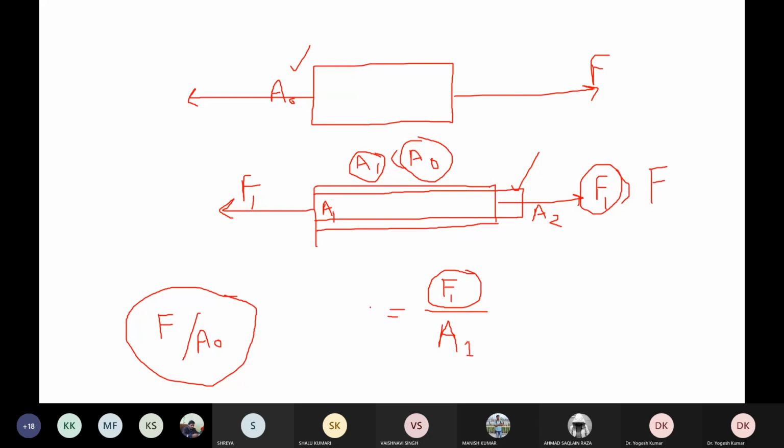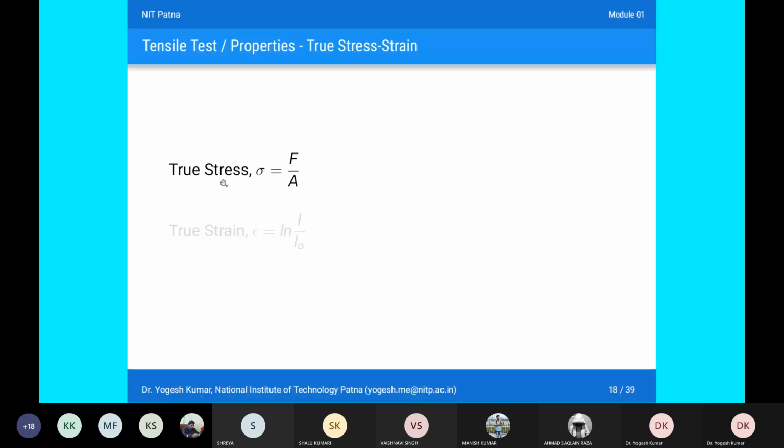So this will denote your true stress. That is how it is written: true stress is given as sigma equal to F upon A, where A is your instantaneous cross-sectional area of your test specimen.